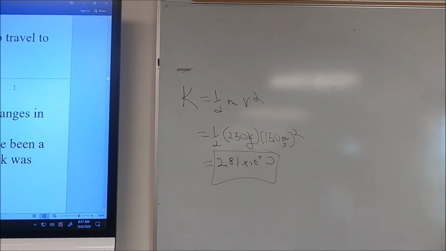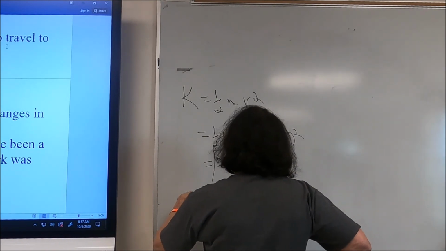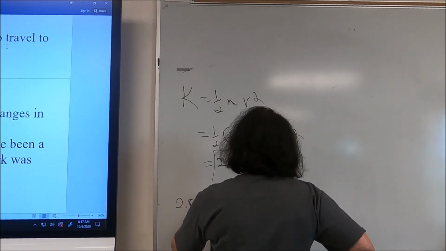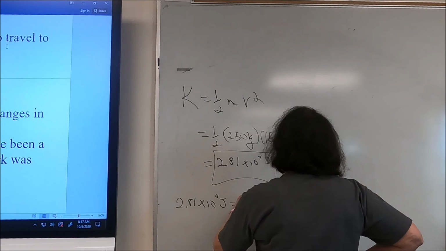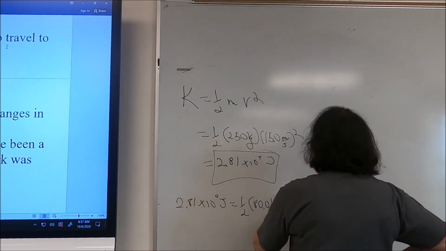So let's move on. Let's say, how fast would an 80 kilogram person on a bike, so let's say the person and the bike together is 80 kilograms, have to travel to have the same kinetic energy? Well, 2.81 times 10 to the 4 joules would have to equal 1/2 times 80 kilograms v squared.